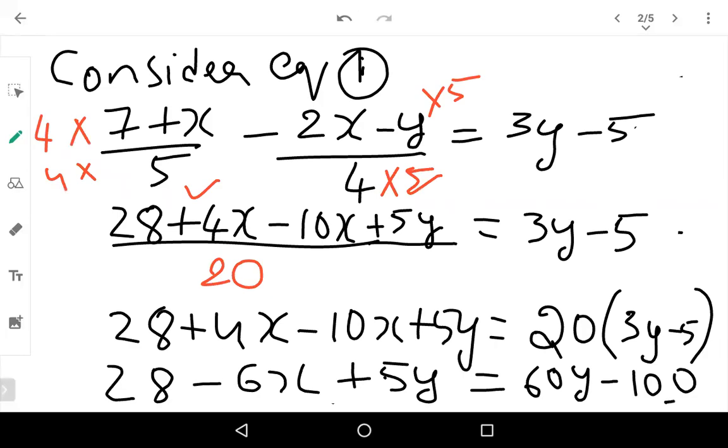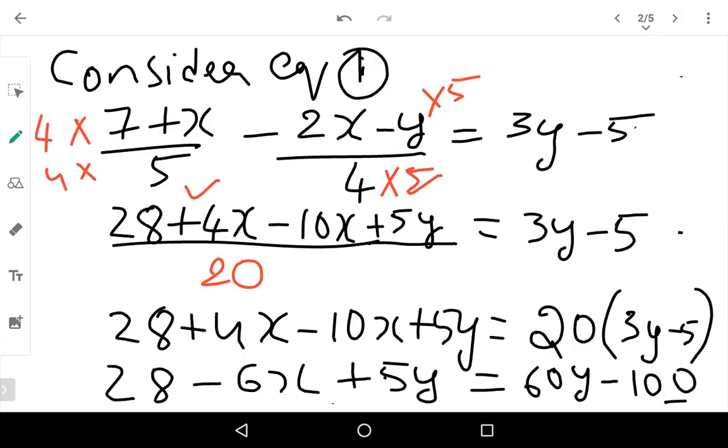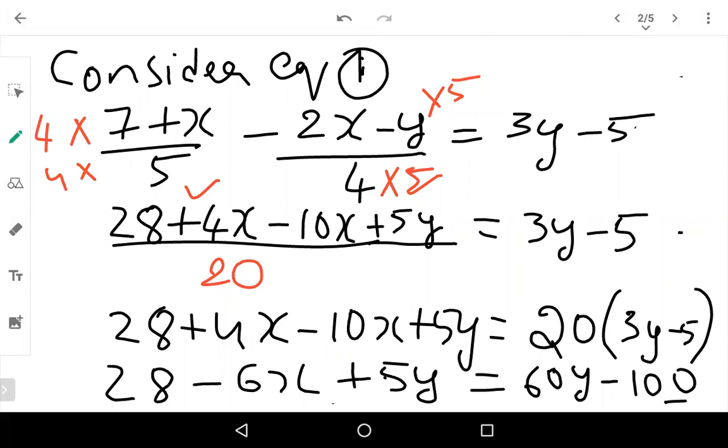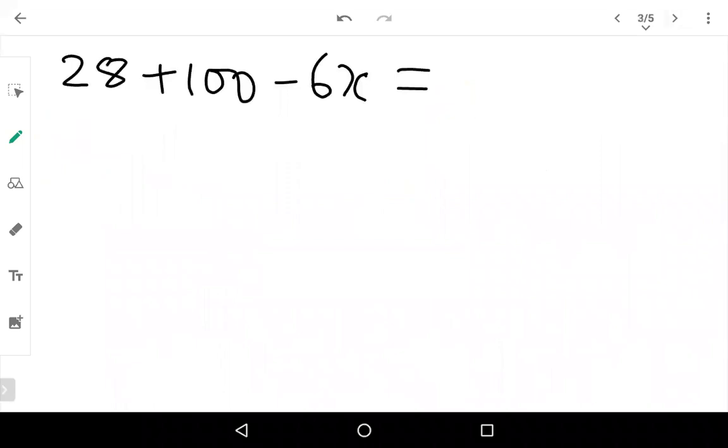If we get minus 100 to the other side, it will become plus 100. Then minus 6x is equal to, taking y to one side, 60y minus 5y. 60y was always here, and I will take plus 5y from one side to another, so you will get minus 5y.